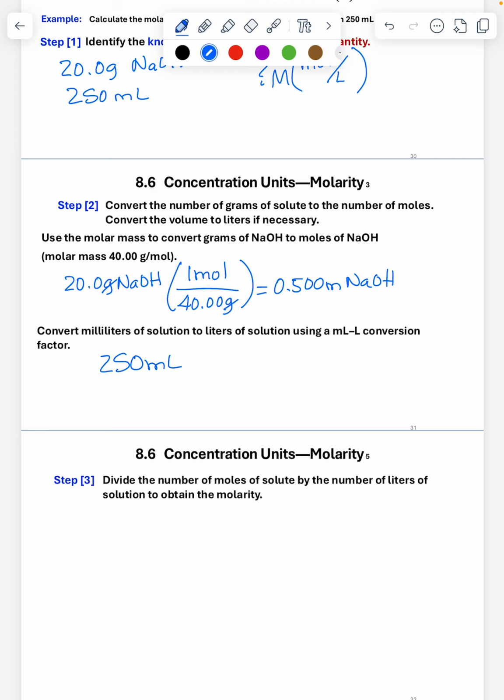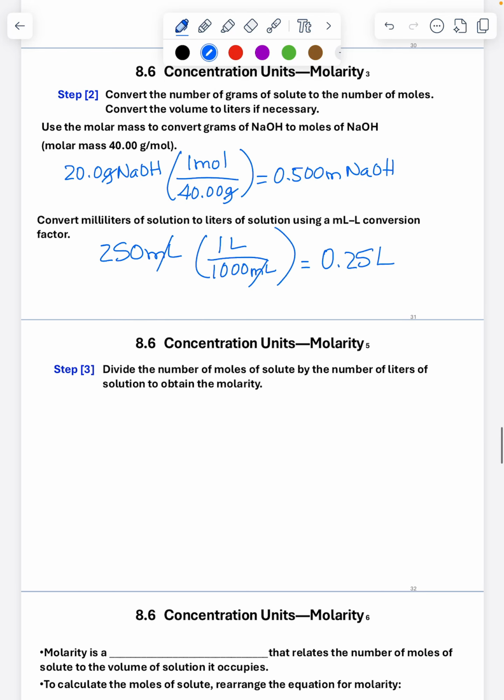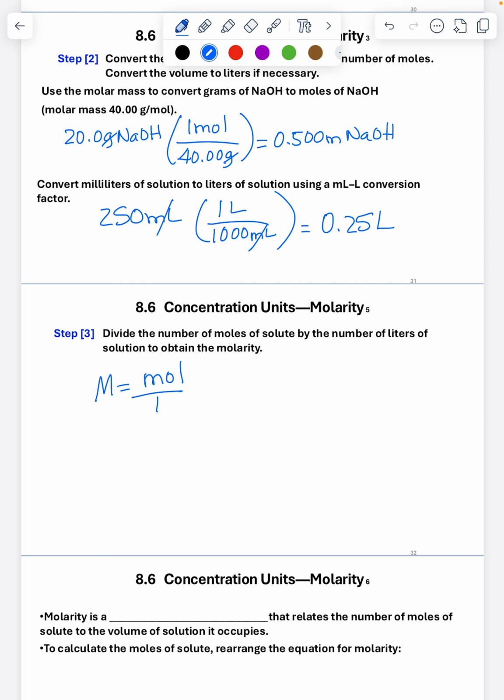Okay, and then we're ready to plug this into our molarity equation. Remember, molarity is mole over liter, and so we have what we need. So 0.5 mole over 0.25 liters is equal to 2.0 mole per liter, or you can simply put a capital M. Capital M means molarity.